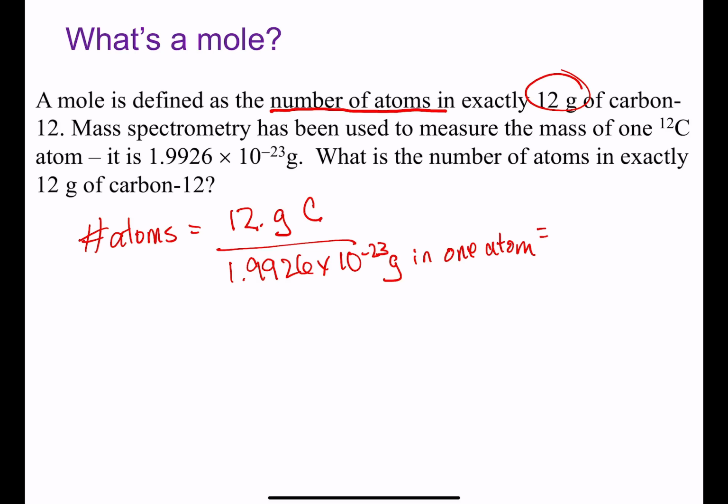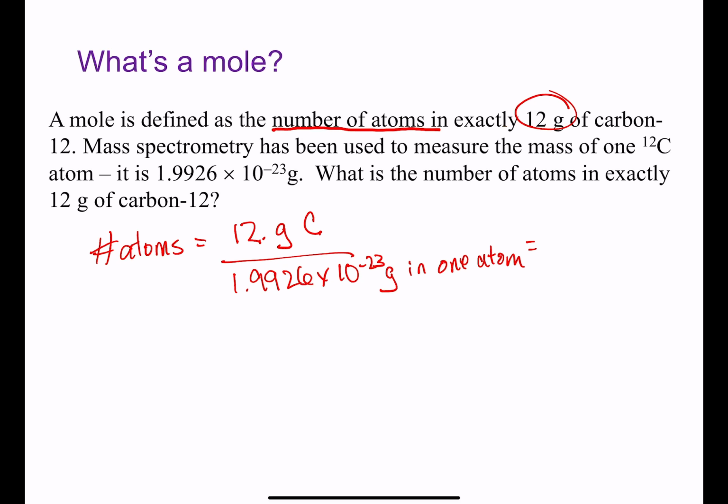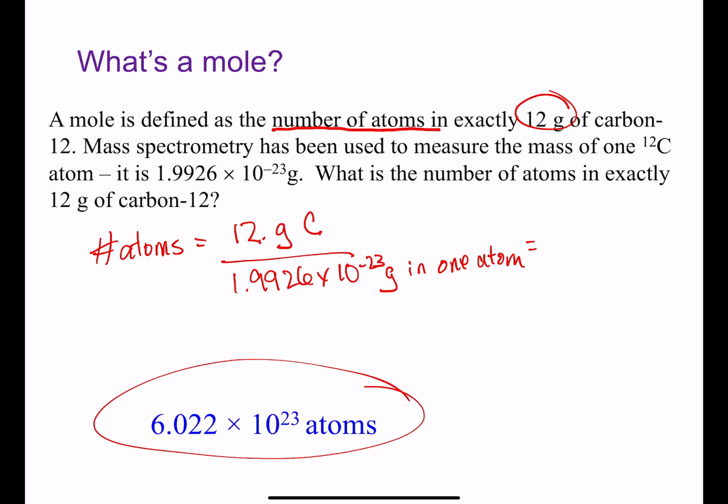If we divide this out, we will get the number of atoms in a mole, or 6.022 times 10 to the 23rd atoms. So you may have heard of this number, Avogadro's number, before.